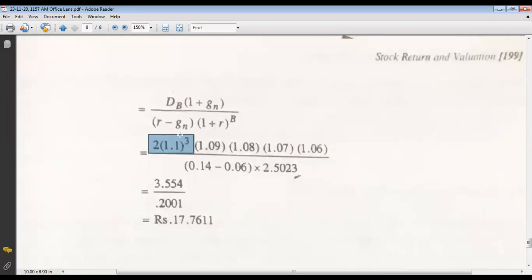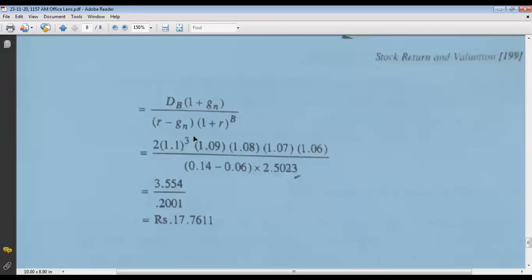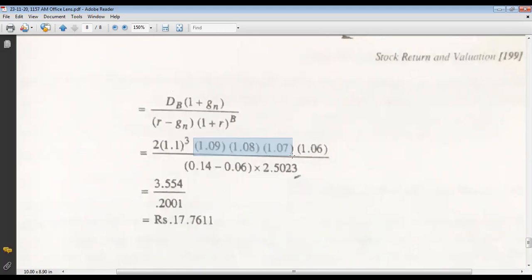This is nothing but your stage A. Next, this is your stage B. So here my stage B is going to complete, and then it says 1 plus g. So this entire part is dB. I repeat again, the numerator that I have highlighted in the box is entirely dB.